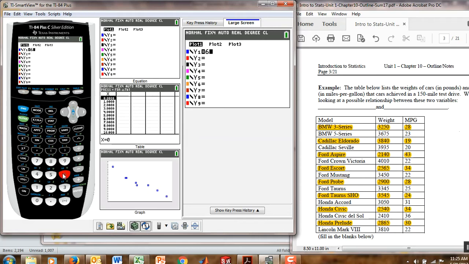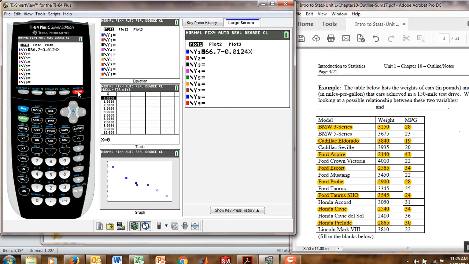Y2 equals 66.7 minus 0.0124x. And we get the x with this button up here that says x, t, and some other things. And now that's an equation that's going to be plotted in here.